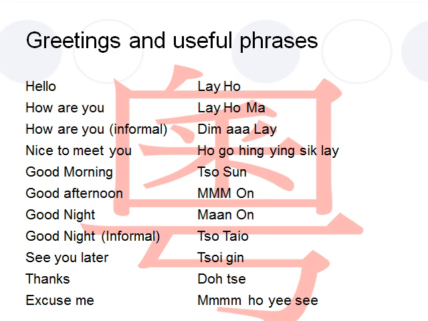So now on with the most basic greetings and useful phrases in the Cantonese language, starting with hello. In Cantonese, there's a really easy phrase for hello, and normally Cantonese people just say hello, the English word.